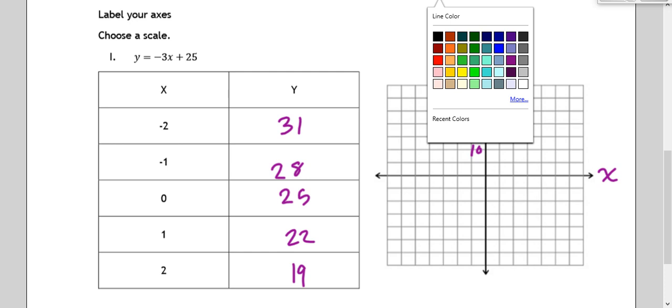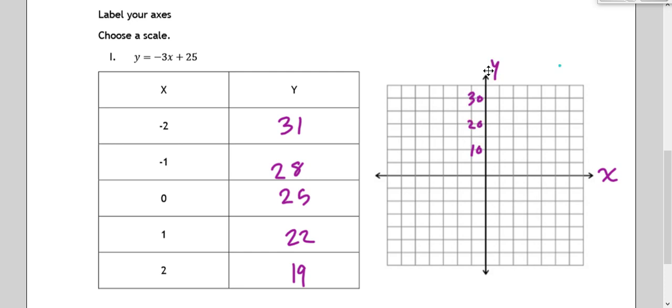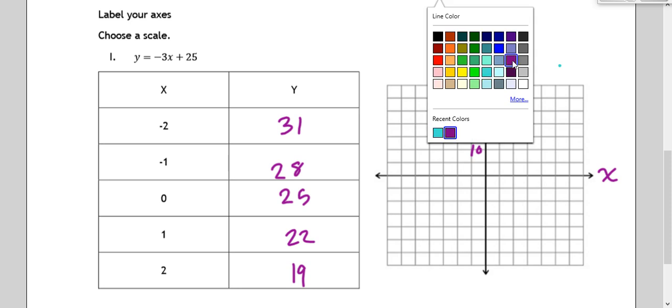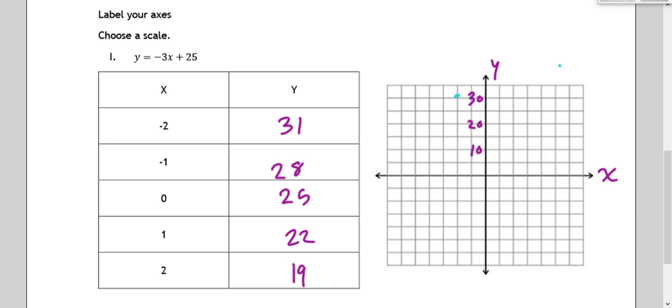Let's use this color. We have a point at -2. This guy will stay the same down here, so -2, 31. That is not a good color to see. Let's try that again. Let's try this dark purple. So we got -2 and 31, and we have -1 and 28, and we have 0 and 25, 1 and 22, and 2 and 19.